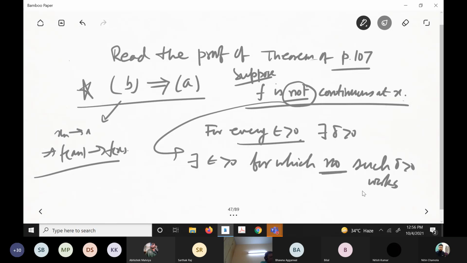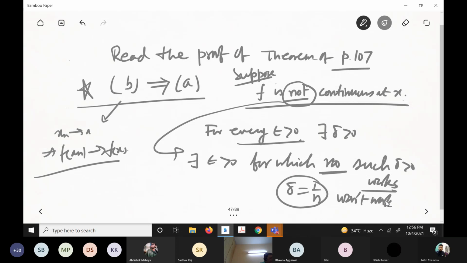You have to understand that when you assume the negation of the statement, you must understand the meaning of the negation: for which no such delta works. So particularly delta equal to 1/n won't work. That's a technique.